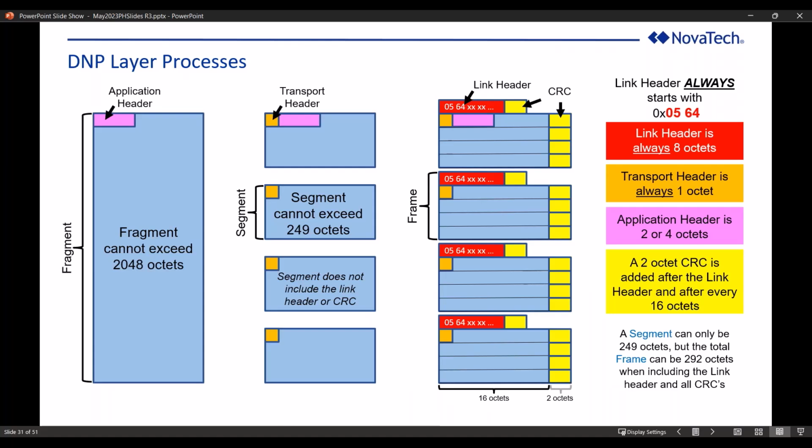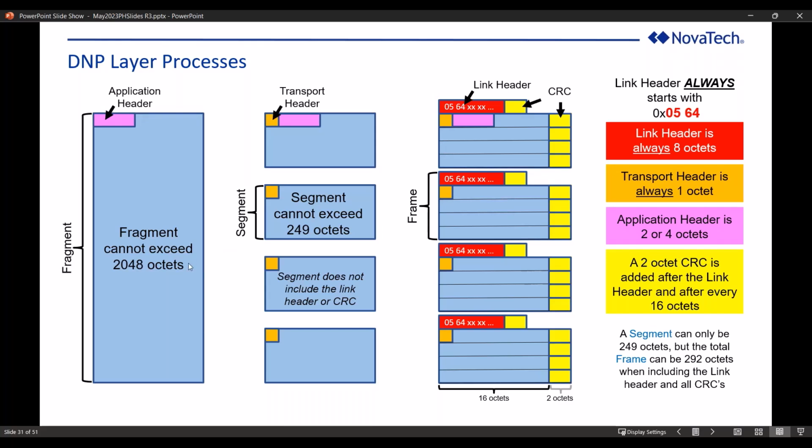I like this PowerPoint slide the best. When I was learning DNP3, this helped me visualize the most. When data is ready to be sent, there could be a lot of data, and so data gets organized in fragments. I always think fragment is a big word, so think a big chunk of data. It could be multiple fragments, but each fragment cannot exceed 2048 bytes or octets.